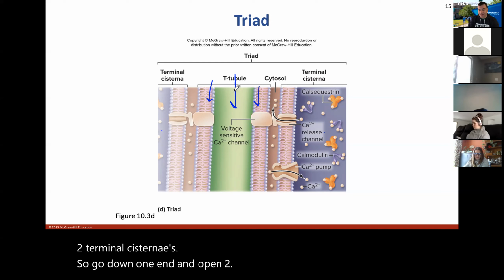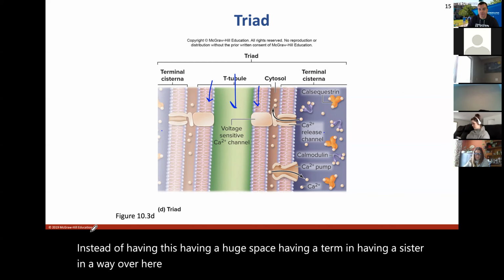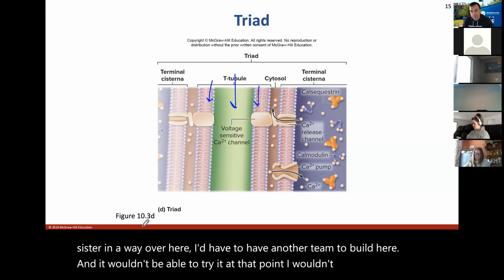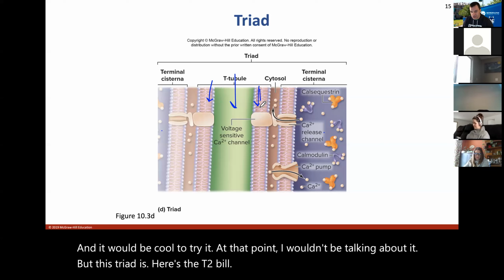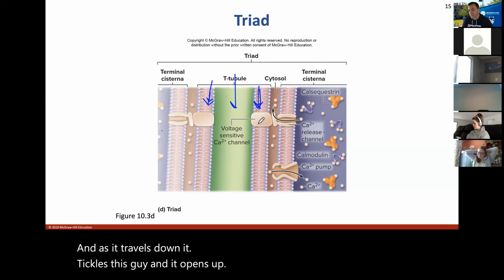Instead of having a huge space, having a cisternae way over here, I'd have to have another T tubule here, and it wouldn't be called a triad at that point. I wouldn't be talking about it. But this triad is, here's the T tubule, and it's how electricity travels down. And as it travels down, it tickles this guy and it opens up. And as you can see, it releases calcium.